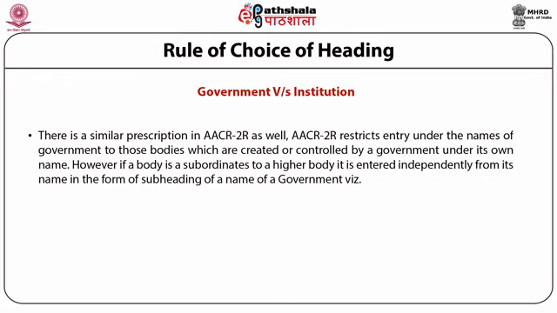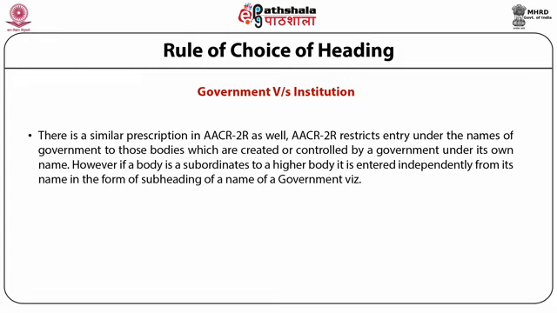AACR 2R restricts entry under the names of government to those bodies which are created or controlled by government under its own name. However, if a body is subordinate to a higher body, it is entered independently from its name in the form of subheading of a name of government.